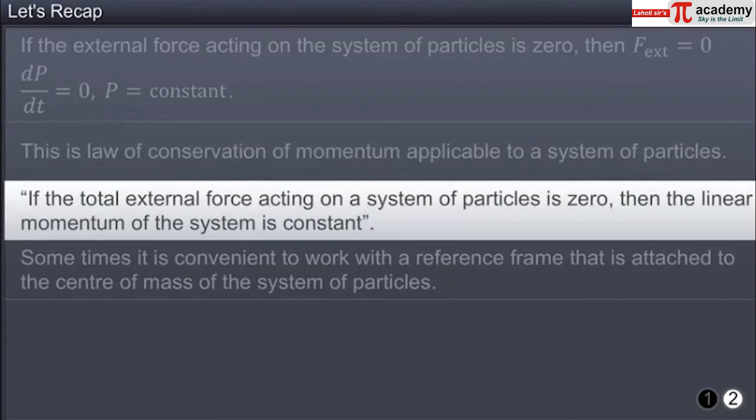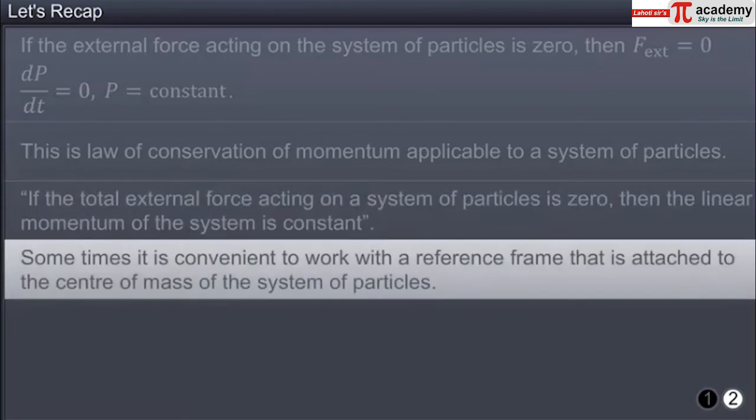If the total external force acting on a system of particles is 0, then the linear momentum of the system is constant. Sometimes, it is convenient to work with the reference frame that is attached to the center of mass of the system of particles.